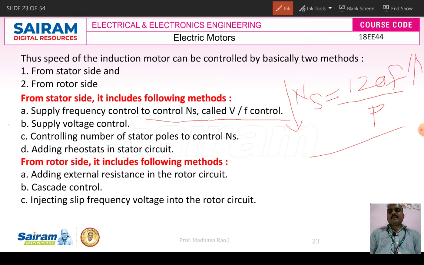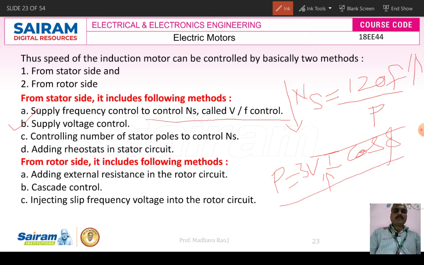The second one is supply voltage control. Here power P is equal to V I cos phi in single phase, and in three phase it is three times the single phase power. As voltage increases, input power increases, and as voltage decreases, input power decreases. By that also we can control the speed of the induction motor.